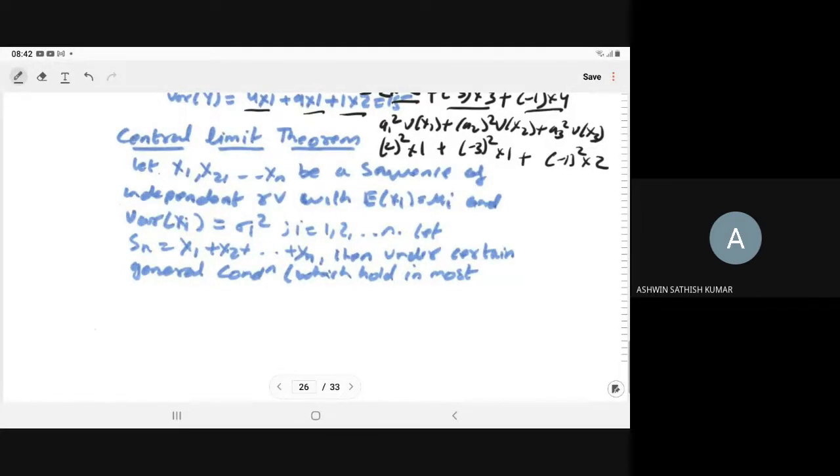Now, another important theorem is the central limit theorem.